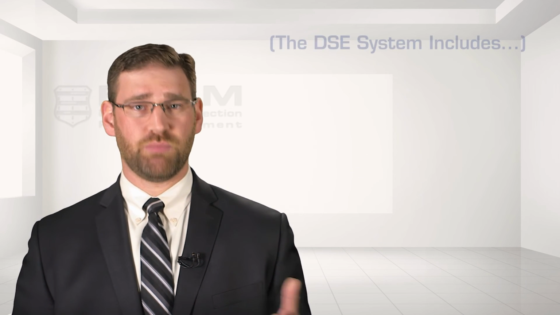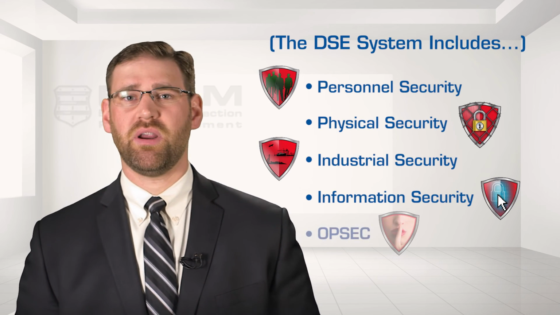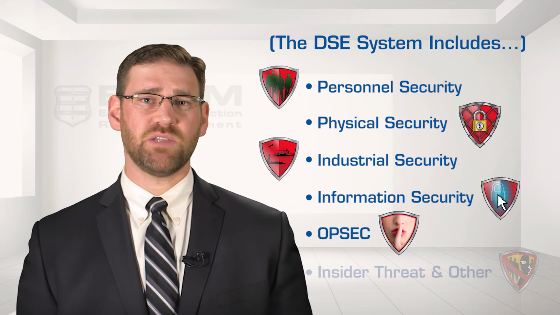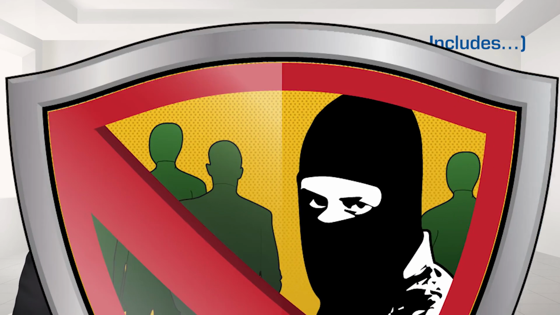This system includes personnel, physical, industrial, information, and operations security, and it aligns with other security-related efforts, including insider threat initiatives. The Department directed that a defense security framework be implemented to provide an integrated, risk-managed structure.